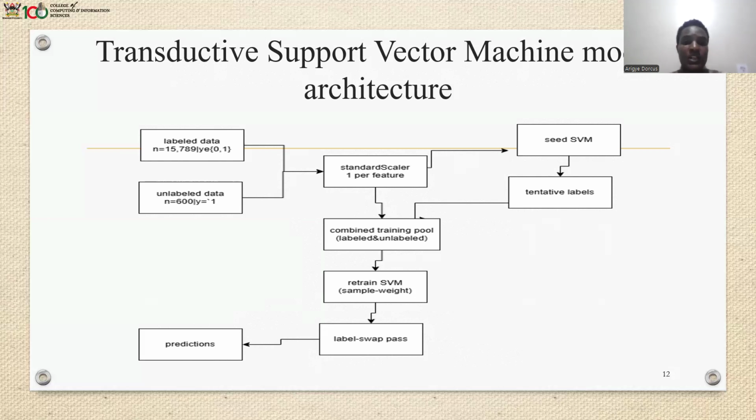So the architecture includes a separating hyperplane, labeled samples guiding the classification, and unlabeled samples influencing where the boundary should lie. This helps improve generalization, especially when labeled data is limited.